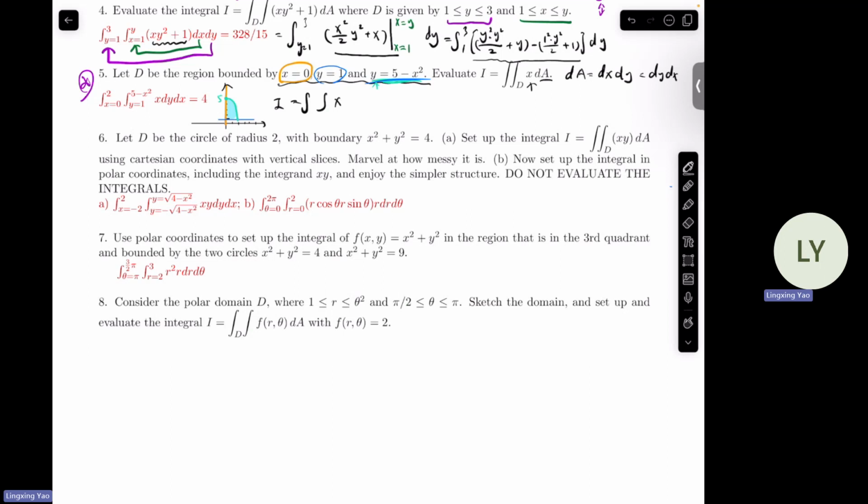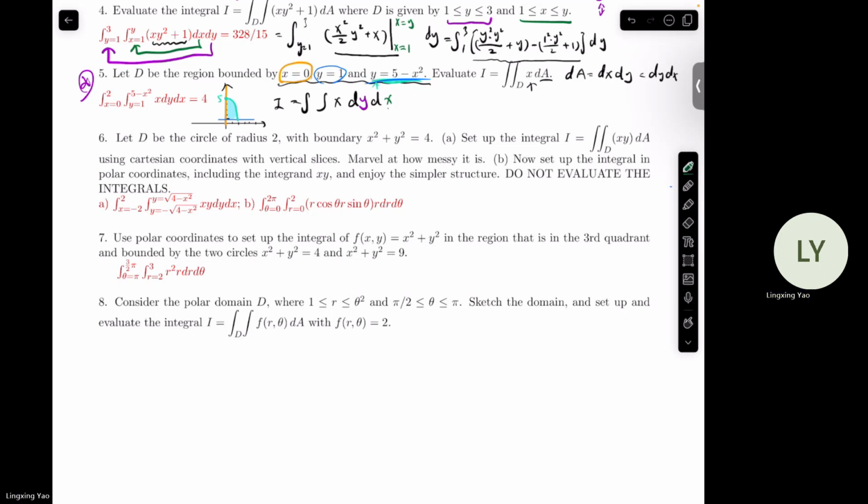So here we can treat this as either a type 1 or type 2 region. If we treat this as a type 1 region, then we are going to integrate with respect to the y variable in the interior integral and the x variable for the exterior integral, right?